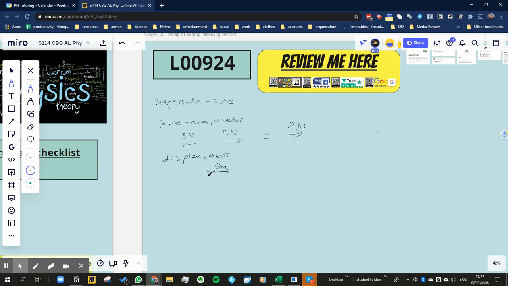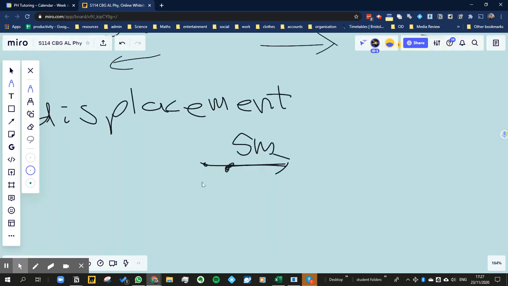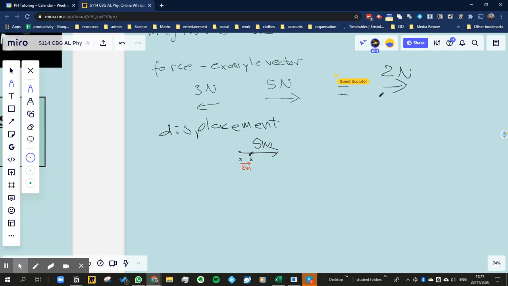So if we started off, and let's just zoom in on this, at that point there, and we've ended here, then altogether we have travelled from here to here, and the distance would have been 2 meters. So just like the case with the force, the resultant was 2. Of course, it's not the same unit because we're measuring something different.